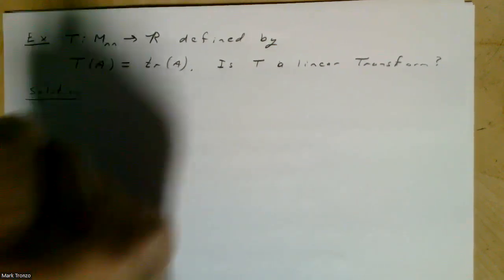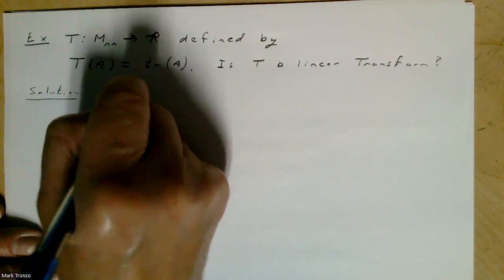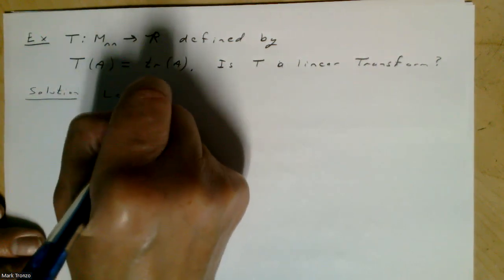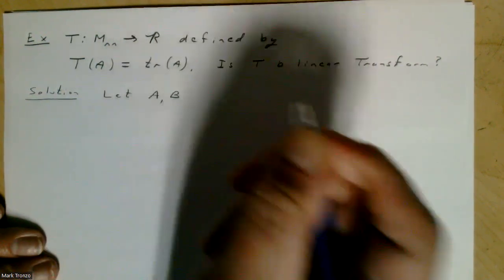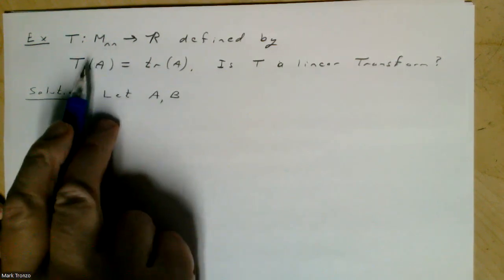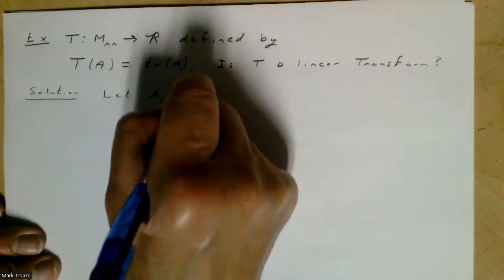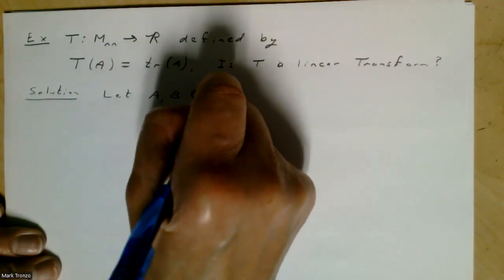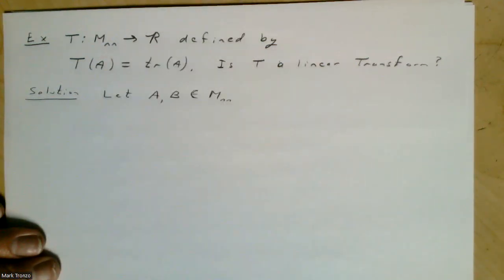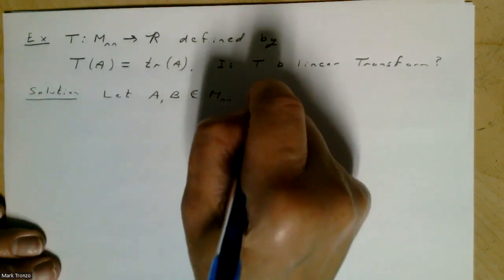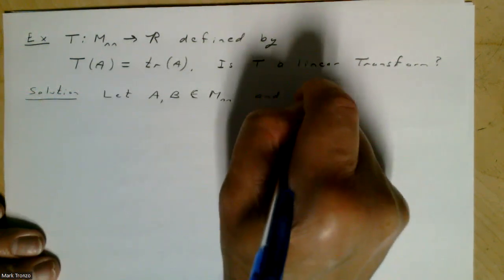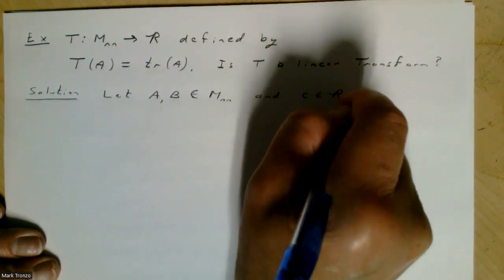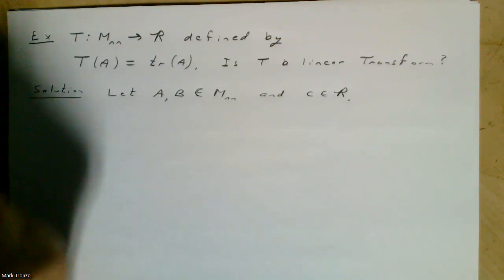And so let's try this. Let A and B be n by n matrices, or you can just say it's in that set, using that symbol like this. And c is in R, a real number.